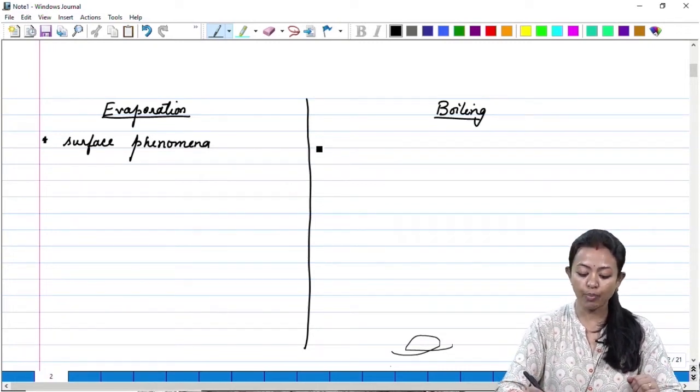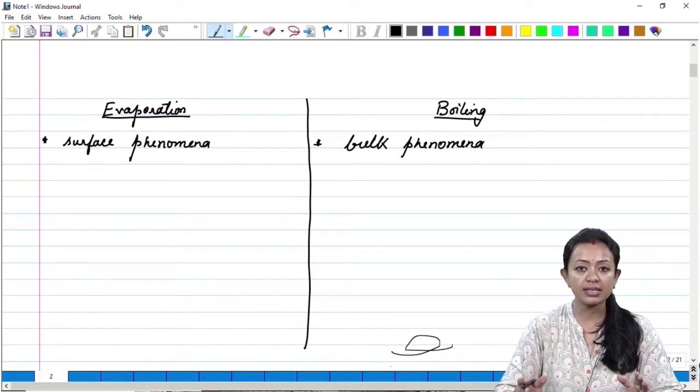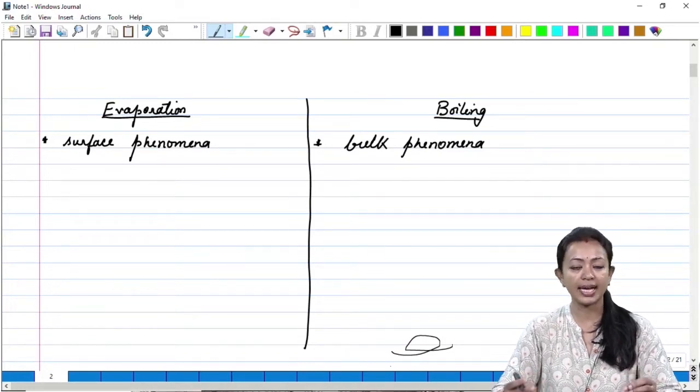Whereas in case of boiling, it is a bulk phenomena. Okay, it is a bulk phenomena. Bulk phenomena means you are providing energy to the entire system of the liquid. You are equally giving energy to all the particles of the system at the same time, so that they can get converted from the liquid state to the gaseous state.